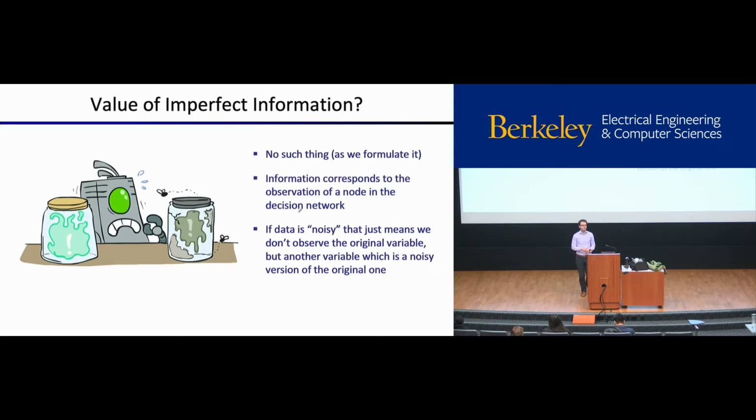We might still be slightly uncertain what the weather is going to be later today, even if we do listen to the forecast. So in that sense, it's a little bit imperfect, but we have perfect information about the thing we're observing. If we listen to the radio, we know what the forecast is. If we go and get the scouting report, we know what the scouting report says. So it's perfect information about that. The rest of the stuff is sort of just noise in the way that the probabilities work out. Okay? Questions on this?